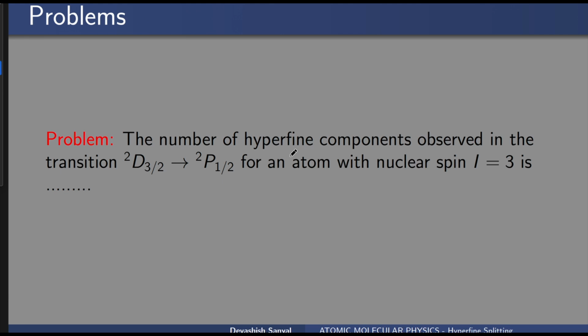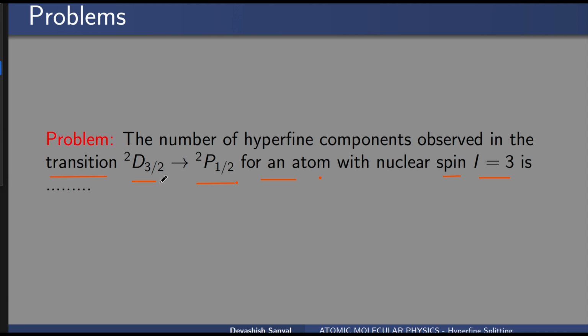Next we go to the hyperfine problem. The number of hyperfine components observed in the transition 2D3/2 to 2P1/2, this is the spectroscopic notation, for an atom with nuclear spin I equal to 3 is, so the question is how many such hyperfine transition lines we are going to see.